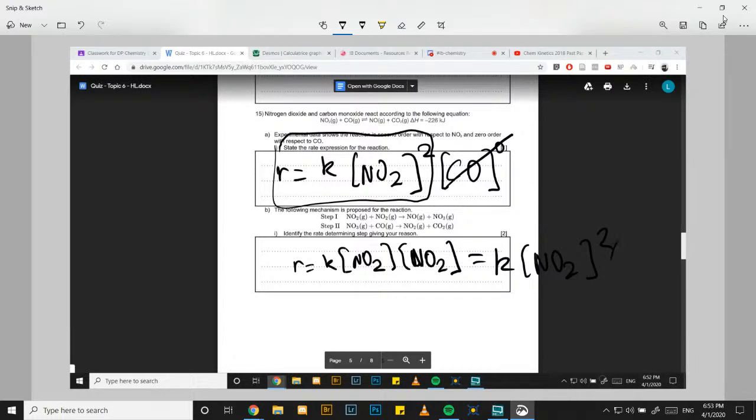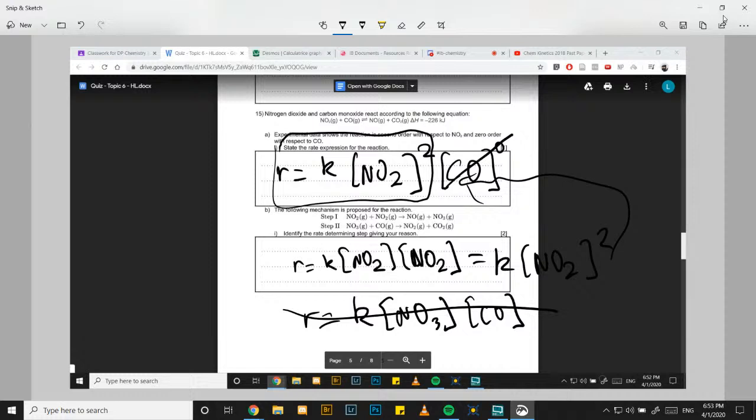So that's the same thing as over here. So we already know that step one is the rate determining step. However, we can show the other one doesn't work, because the other one is k[NO3][CO], which doesn't work either. So it's step one as your rate determining step, and the reason is that it has the same rate expression as the overall reaction.